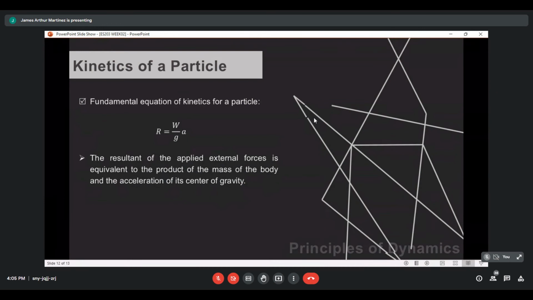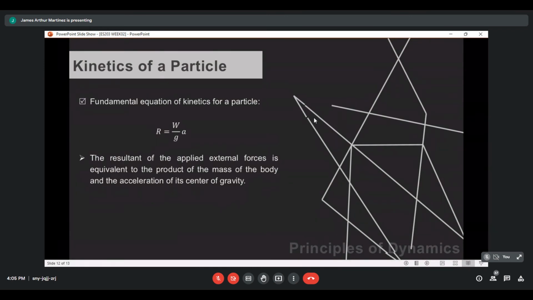Then R refers to the resultant force acting on the body. So again, R is our resultant force. It is stated or defined as: the resultant of the applied external forces is equivalent to the product of the mass of the body and the acceleration of its center of gravity.